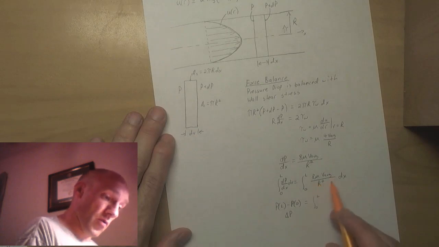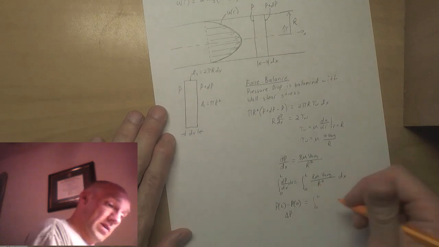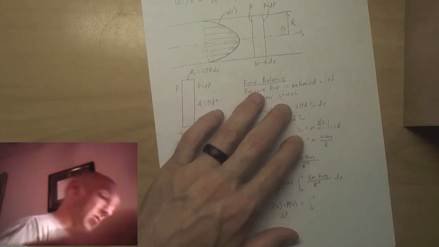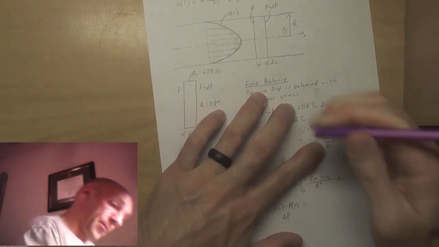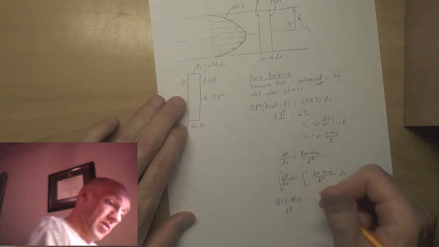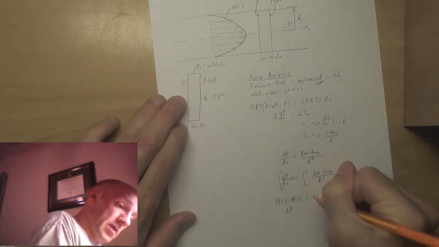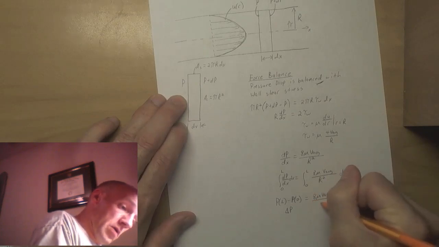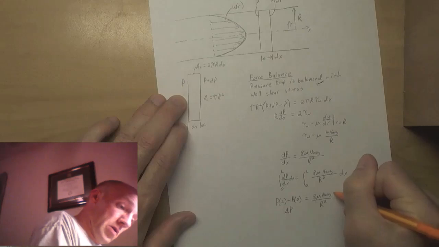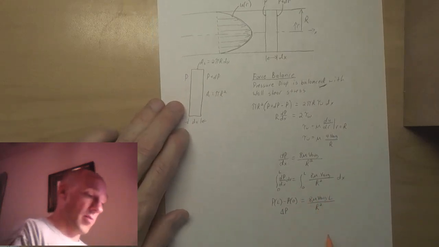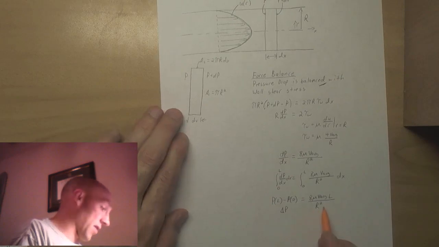There's no x value there, so this is all constant and comes out front, evaluated at 0. Anyway, it simplifies to that, so delta P comes out to that value.